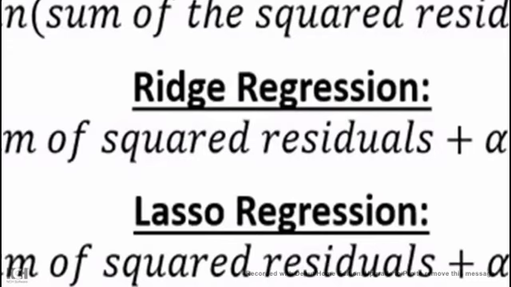Type in Google, interview questions on linear regression for a data scientist. Whatever pages you get, open each and every page of your choice and tell me in tomorrow's class whether we have covered the questions or not.